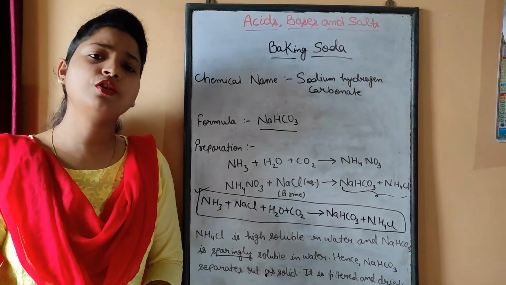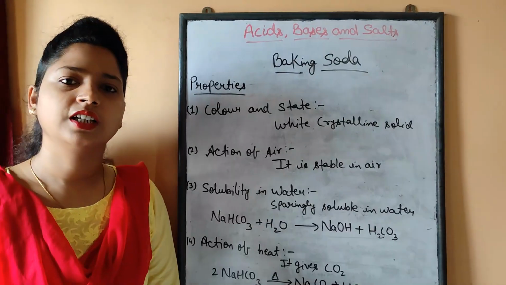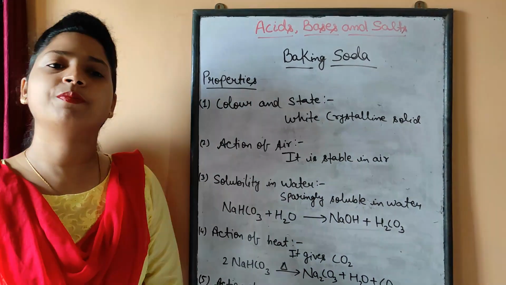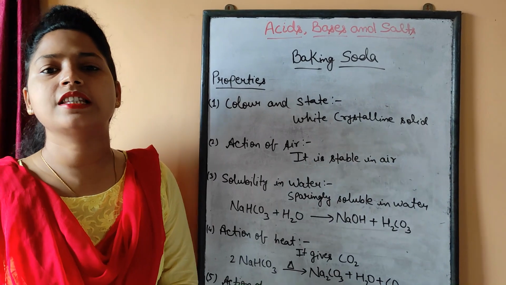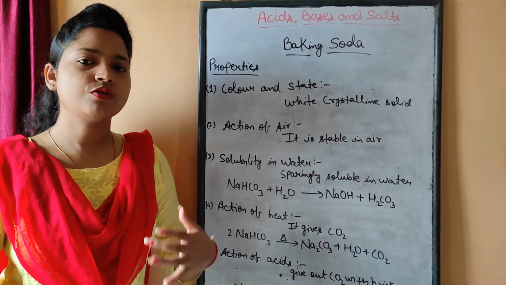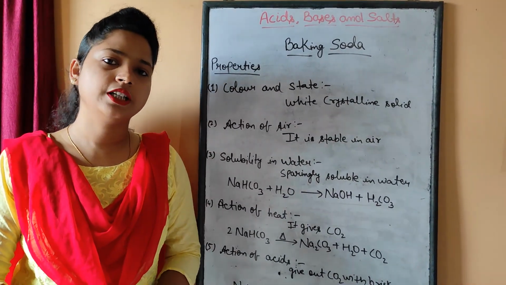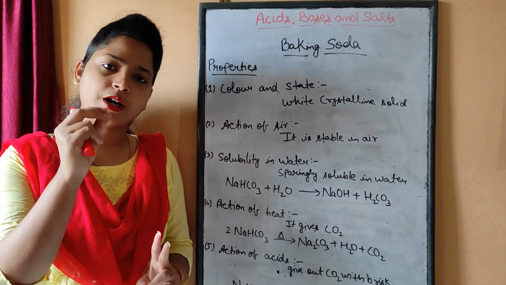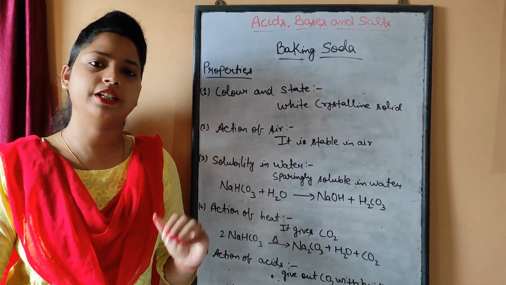Now move to the next topic, that is properties of baking soda. Let's start the properties. The first property is color and state. In the last lecture we discussed the color and state of bleaching powder. For the state, I told you that there are two states of solid: first is crystalline, other is amorphous. Amorphous means powdery state and crystalline means sand-like rough appearance.